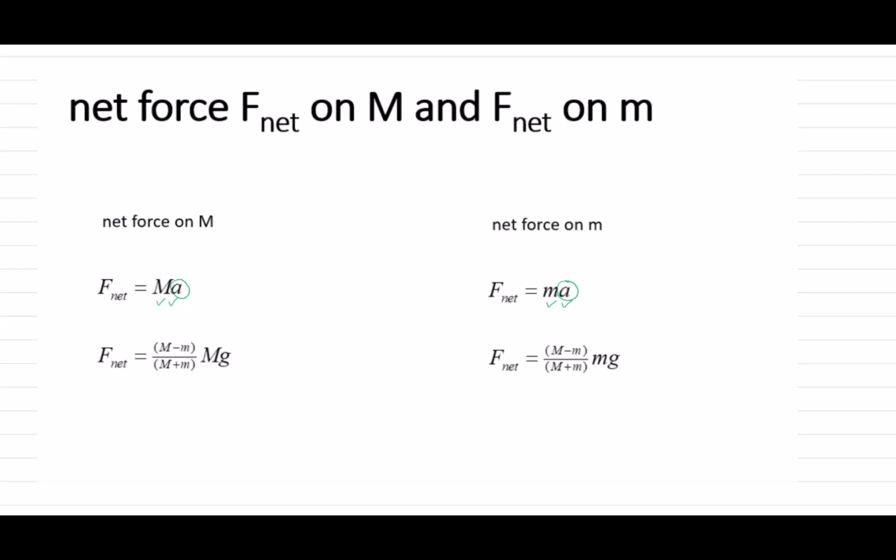So the force on the bigger object will be its mass times the value of the acceleration which we have derived earlier. Similarly, the net force on the smaller mass will be m times a, substituting the value for a we derived earlier. Now it's also very important to see that the net force on the bigger mass has to be higher than the net force on the smaller mass. And what's the ratio of them? It will be in the ratio of the masses of the objects respectively.